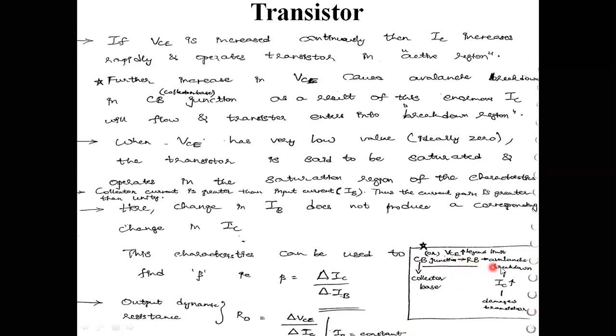Here the collector base junction is reverse biased. Due to that reverse bias, avalanche breakdown will take place. Due to this avalanche breakdown, the collector current increases drastically, and in some situations this may damage the transistor.